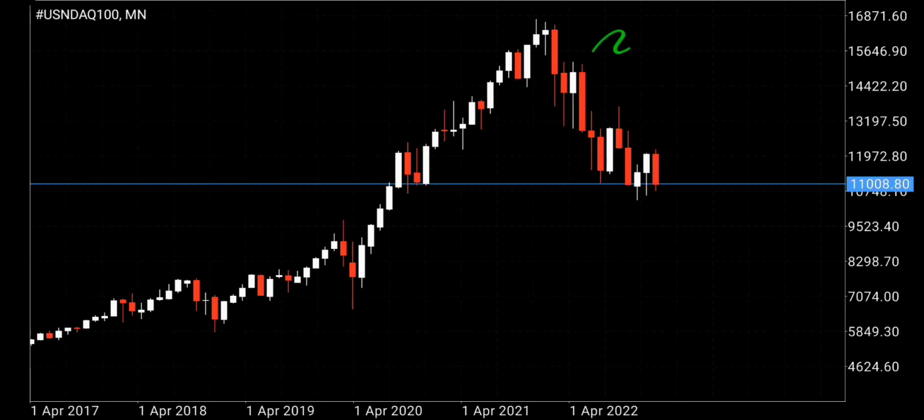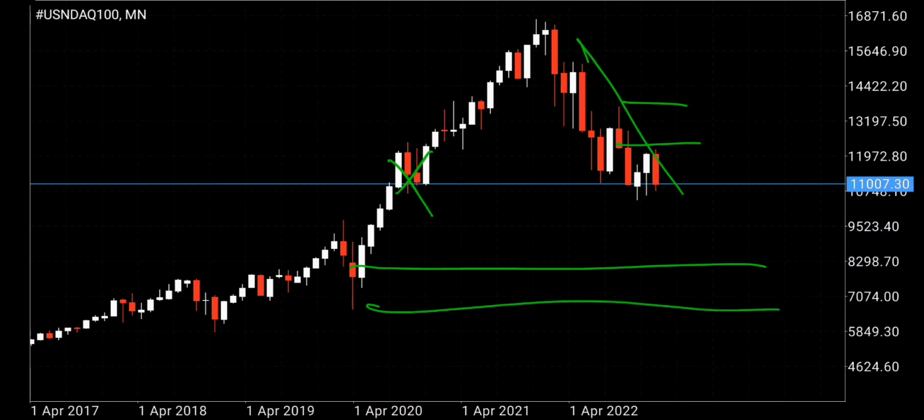So we are bearish. You can have your bearish trend line, you can have your resistance, and this support was taken out. The nearest support is this. I always say, and I said even in the previous video, that the monthly is bearish, which means we have a higher chance of going down until here. It's not something that's going to happen overnight.